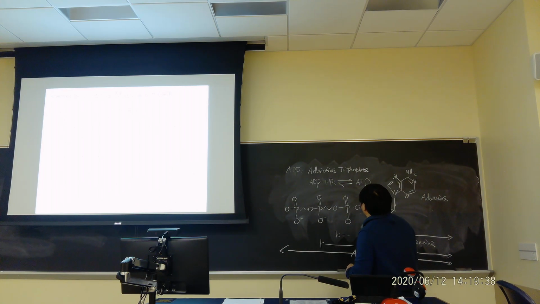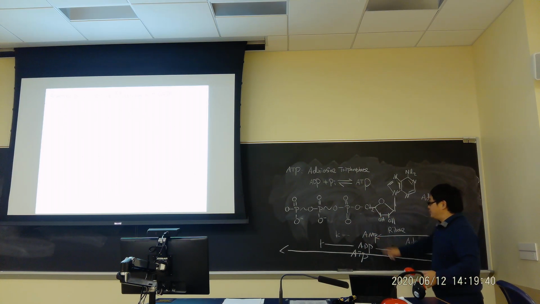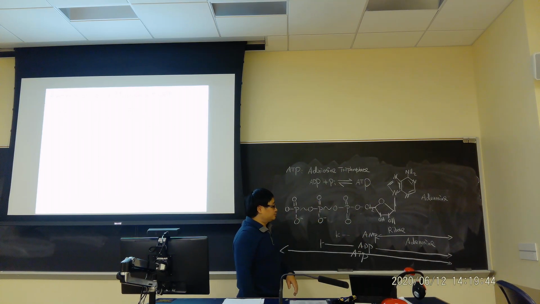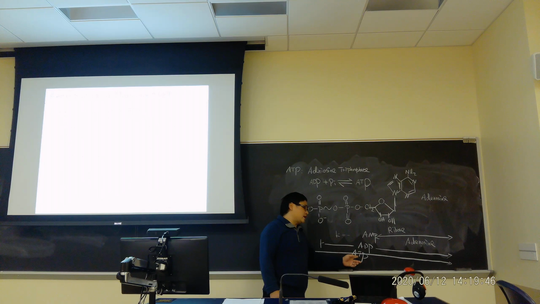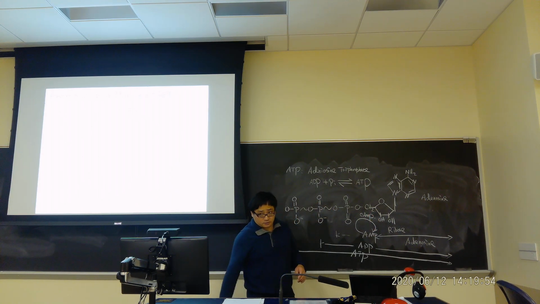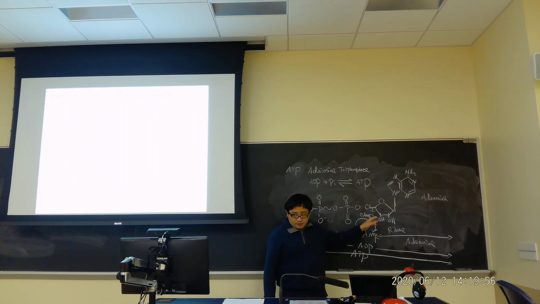And I always mention this AMP in my general microbiology class. This AMP, if they become ADP, ATP, that is good. How about if it's cycled, becomes cAMP? That's not good. Once they become cAMP, they cycled, which means like the money has been locked in your personal locker. You can't get the money.